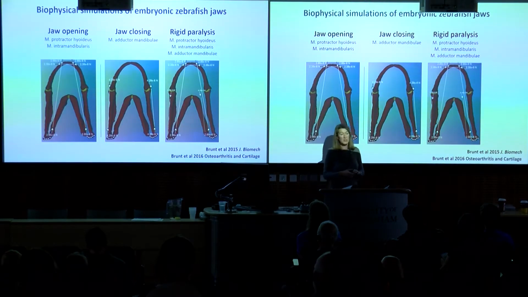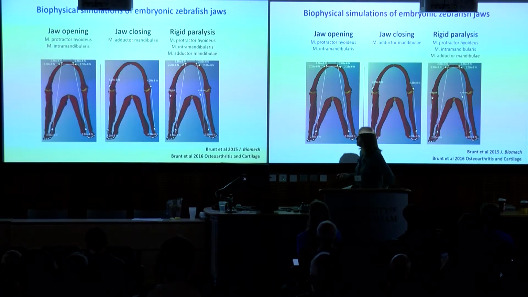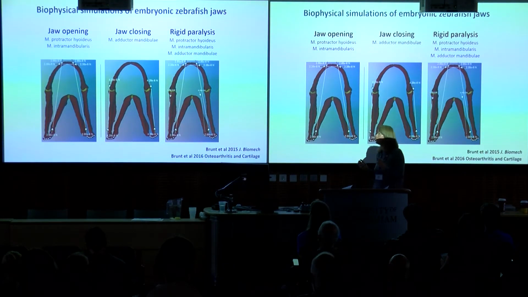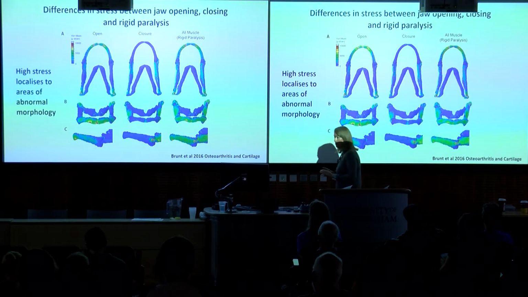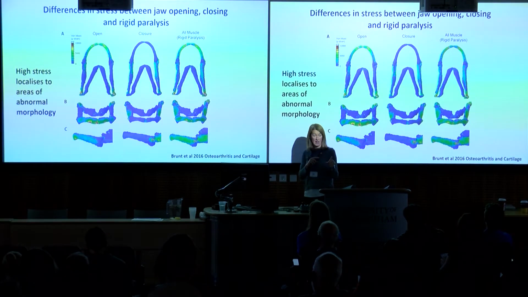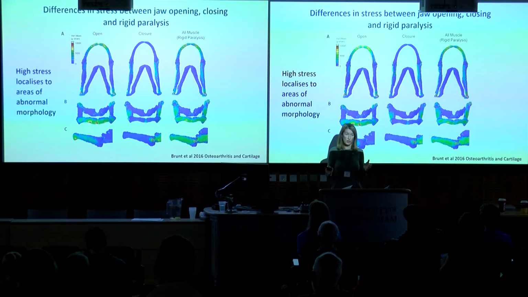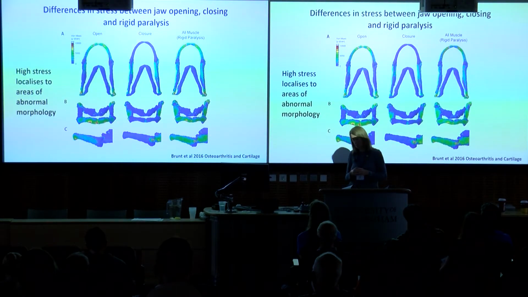For this study, we had 3 different simulations. We had a simulation of jaw opening and jaw closing, with the different muscles contracting as they would normally, and then one to simulate rigid paralysis, where all those muscles are contracting at the same time. What we find is differences in stress in the cartilages between jaw opening, jaw closing and rigid paralysis.